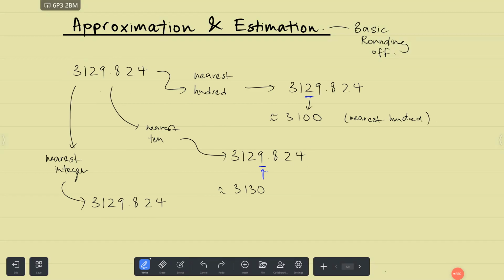In this case, you can't round it upwards without affecting the 9, so this 9 will be carried over again to your 2. So we approximate to the nearest integer, 3130 again. Only difference is that the earlier answer is to the nearest 10, and this is the nearest integer.